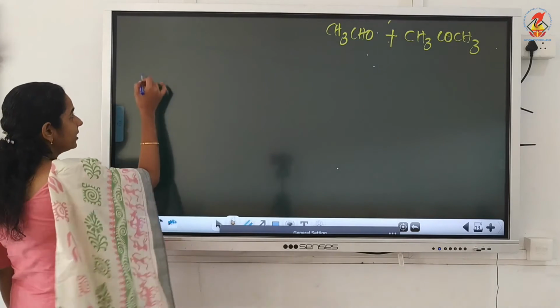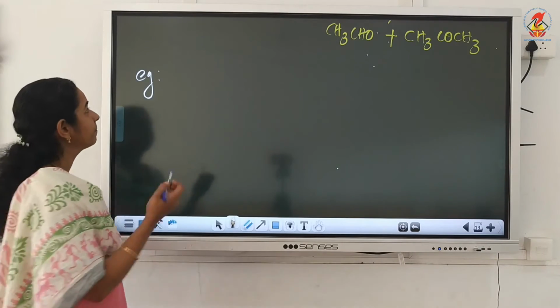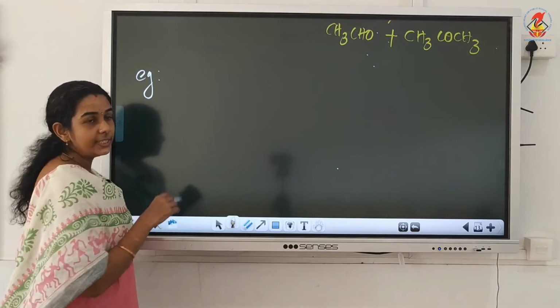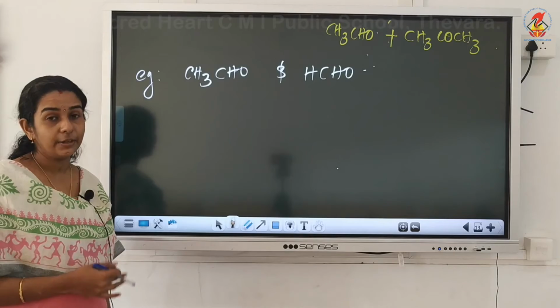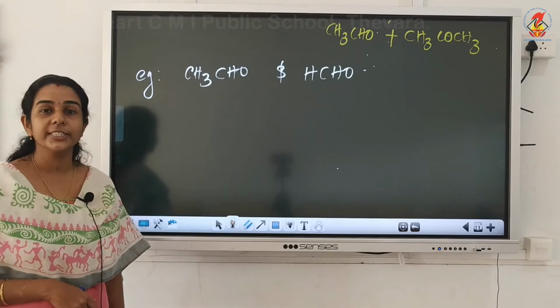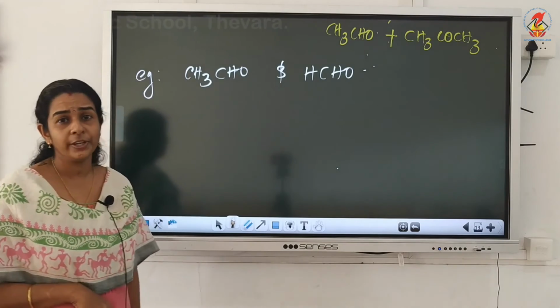Consider a question. For example, the question is, after ozonolysis, we are getting CH3CHO and HCHO. Identify the alkene from which these two products are obtained after ozonolysis. Very easy to find out.